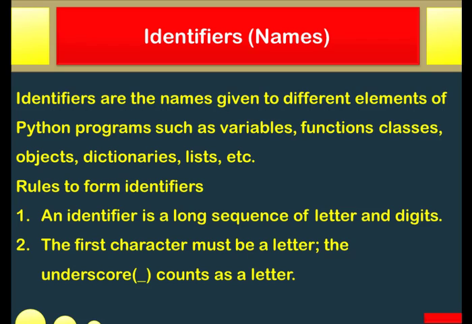So whenever we are giving a name to some element, we have to remember a few things: identifiers can have a sequence of letters and digits both, the first character must be a letter, and the underscore counts as a letter. It means a name can start with any letter of the alphabet or an underscore, because underscore is also counted here as a letter.